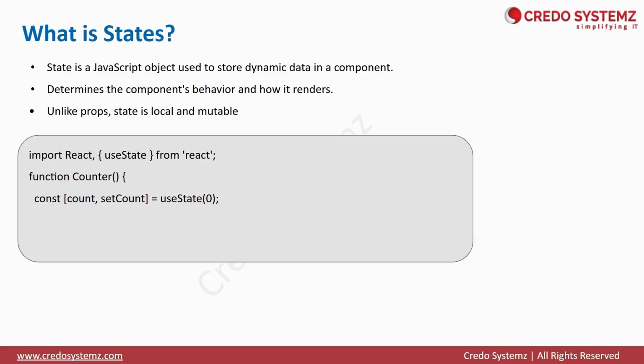So at a high level, useState is a hook method that helps you to handle or maintain the state of the component. This useState hook method returns two different pieces of data. One is the state value, another one is a function that helps you to change the state value.